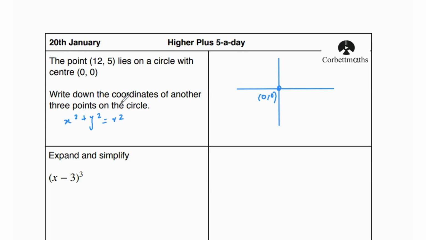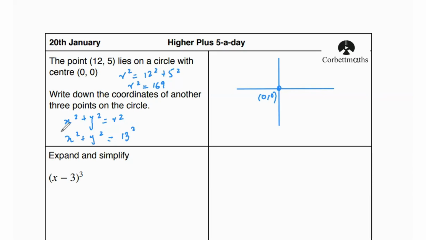Now r squared is our radius squared. So r squared is going to be 12 squared plus 5 squared, which is basically 169. So x squared plus y squared equals 13 squared, because 169 is 13 squared.